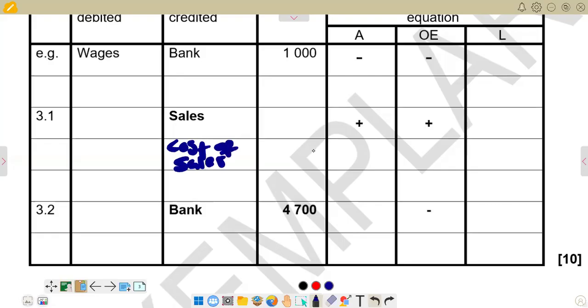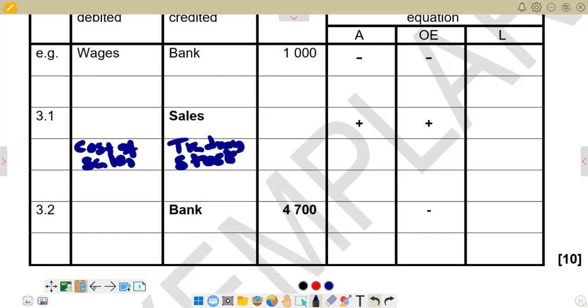I think we put it in the wrong column, so we just put it here. We're saying debit this side, we are debiting cost of sales, and then we are crediting trading stock.